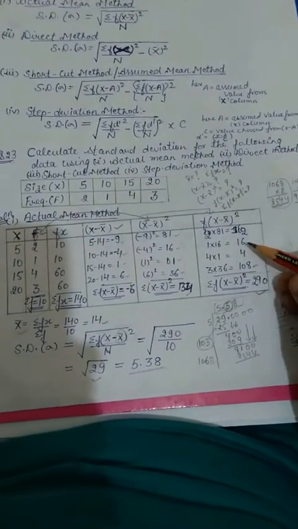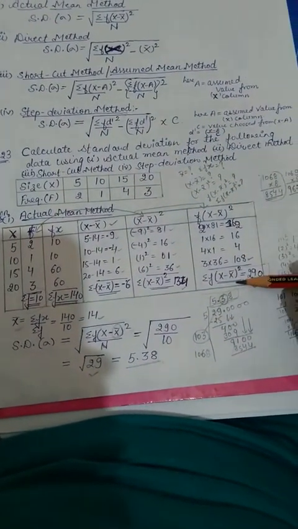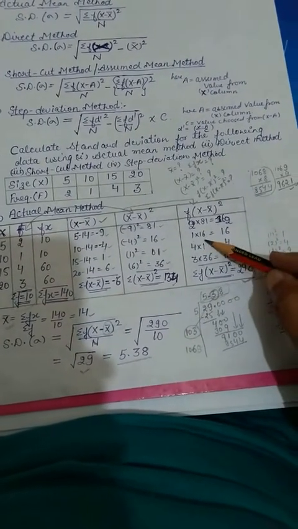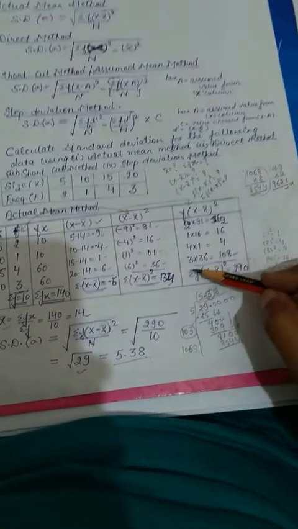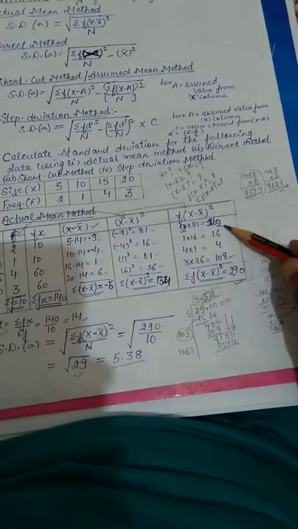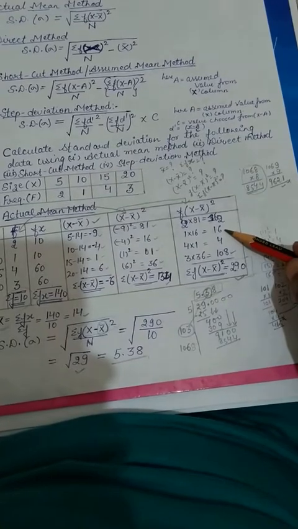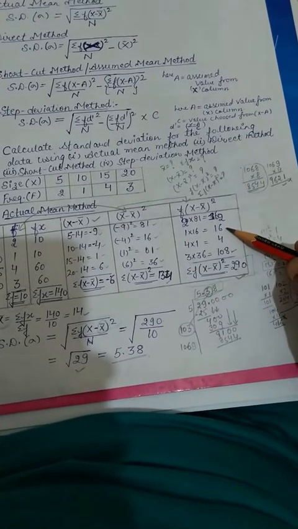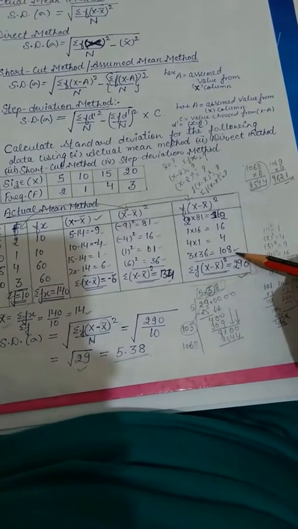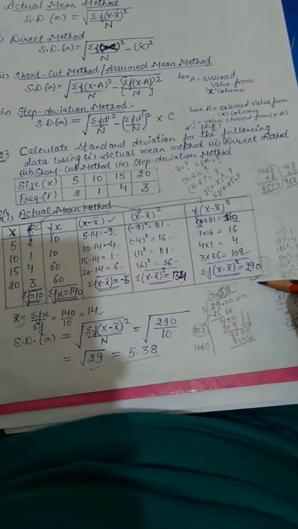So to get sigma, first of all you need this column. So I multiplied 2 into 81, 162, 1 into 16, 16, 4 into 1, 4, 3 into 36, 108. Then you do the total: 162 plus 16 gives 178, 178 plus 4 gives 182, 182 plus 108 gives 290.